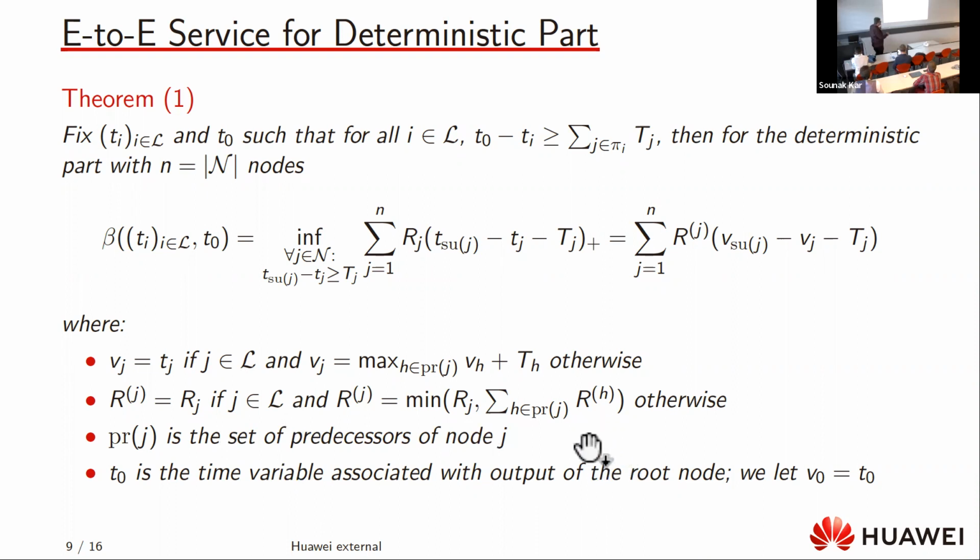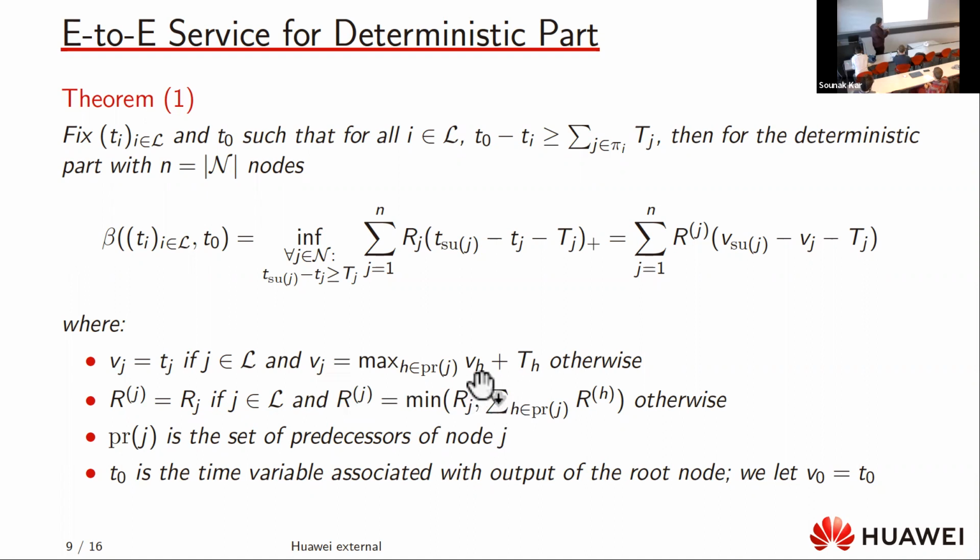R is the rate. And for the time variables, we use V sub j. If j is in L, then V_j equals T_j, the same time variable. However, for other layers, we take the maximum. So this is recursive, as you can see. The maximum of V sub h, where h is one of the children, the predecessors of j, so the set of all children of j.